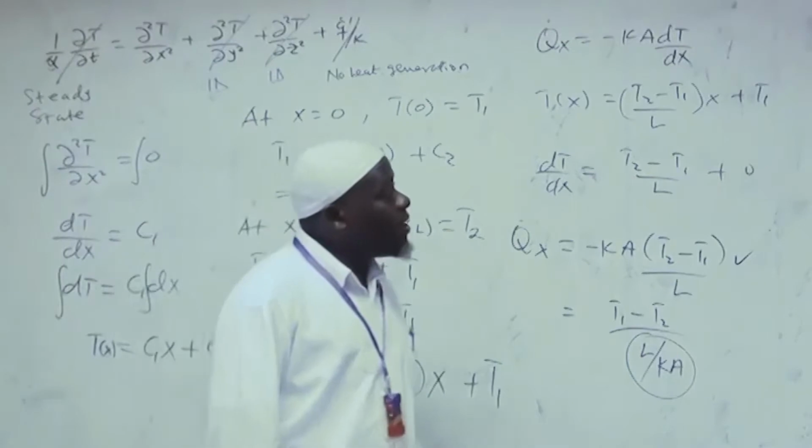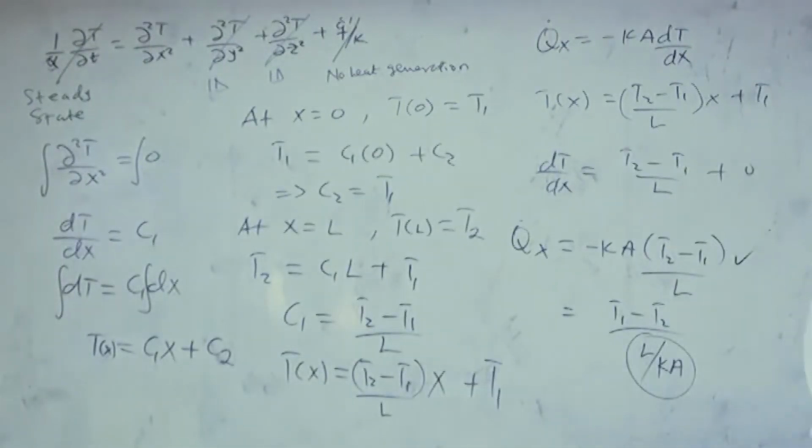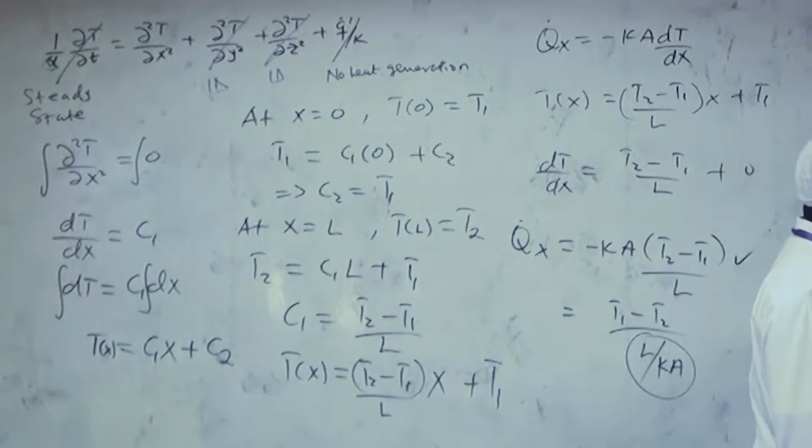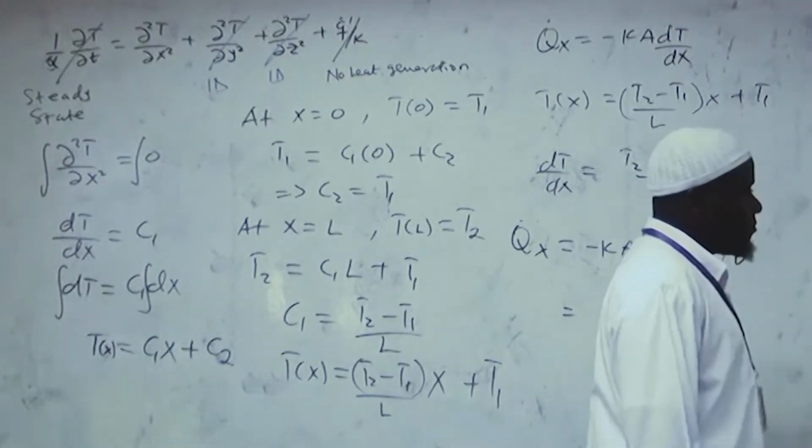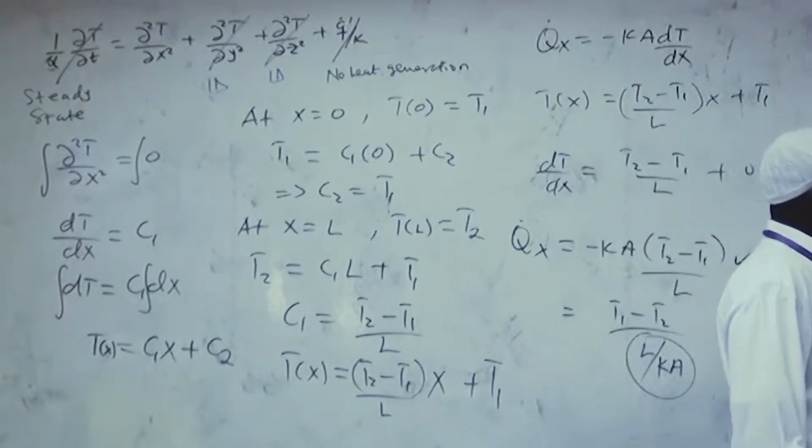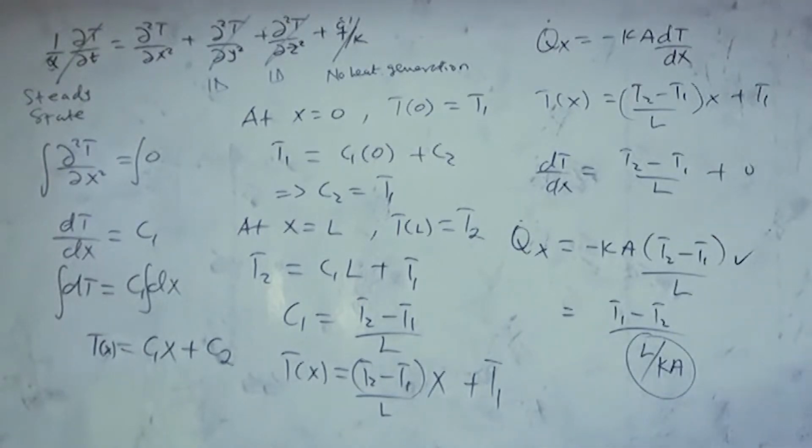So there we have again another solution, the general equation for conduction with heat generation. This time we are going to consider heat generation in the rectangular slab. But it is steady state, and at the same time it is one dimension.